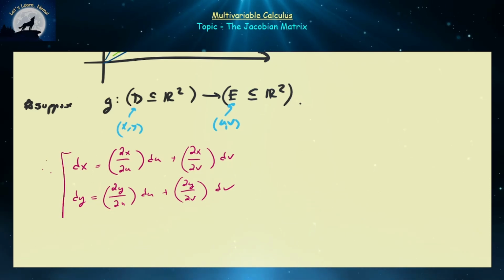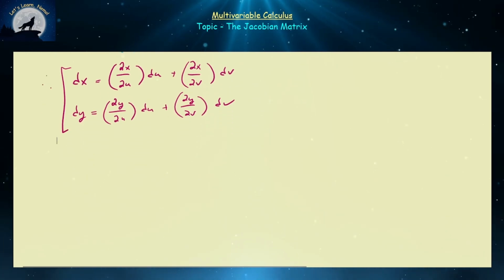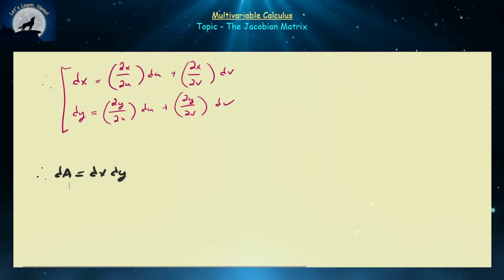So here are our two differentials, dx, dy, and we're trying to represent a new version of our area, which is going to be the product of these two differentials. So that means dA, which in the original form is dx dy, is found by taking the determinant of the vectors spanned by those two differential vectors.